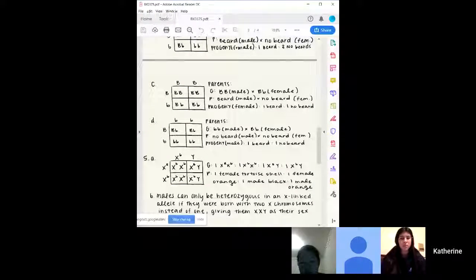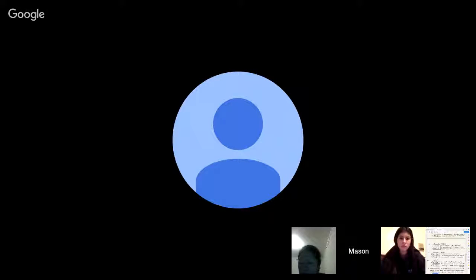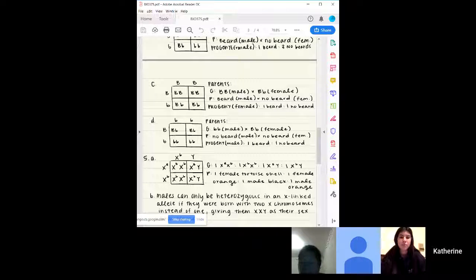I was like, okay, I know that I'm looking at male offspring and that the male parent didn't have a beard, so he had to be homozygous recessive. Yeah. So you can just put a little b in every single box, and then you kind of just figure out what you need from there.